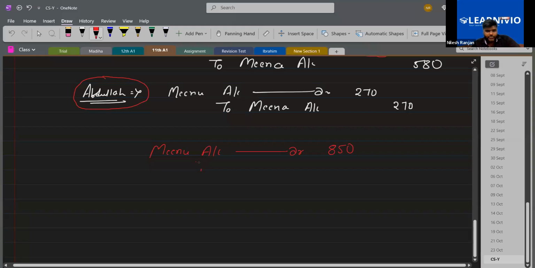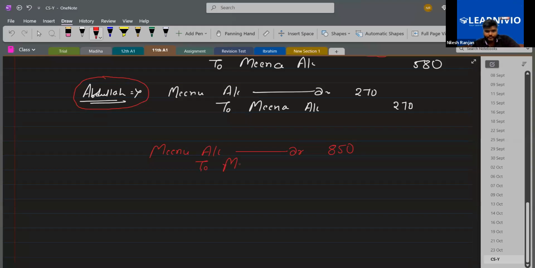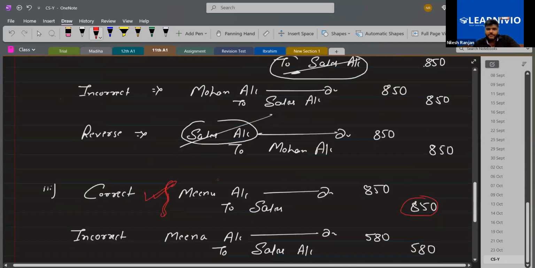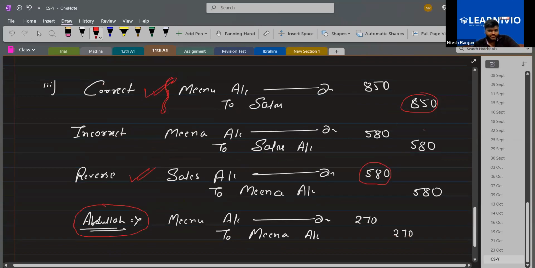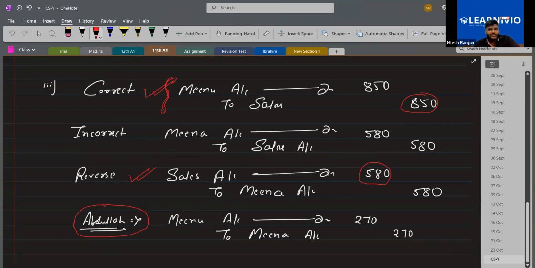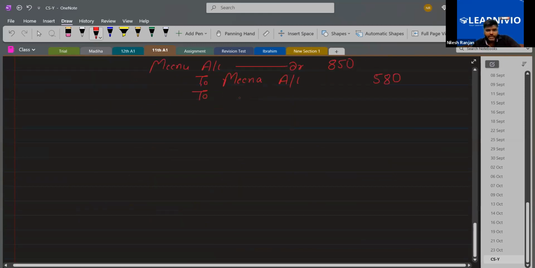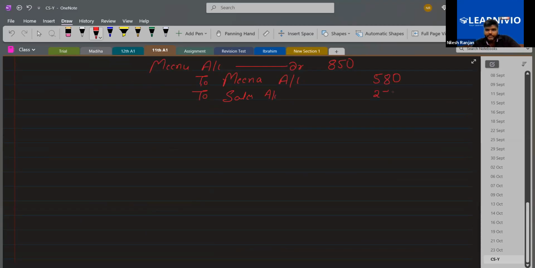So we will write to Meena account 580 and sale difference is 270. 850 minus 580, 270, and the credit side is more. So sale will be written on credit side to sales account 270.